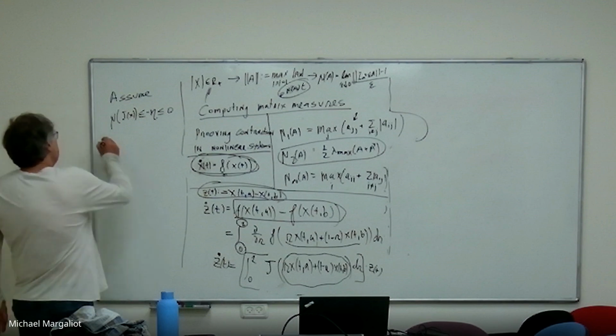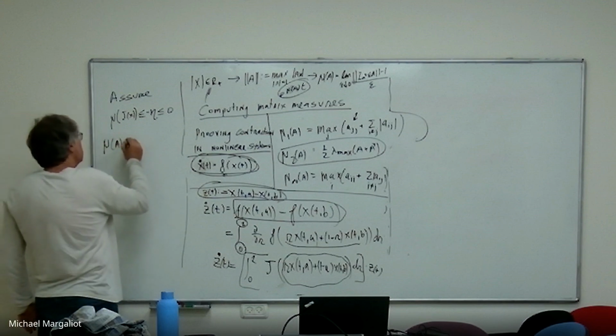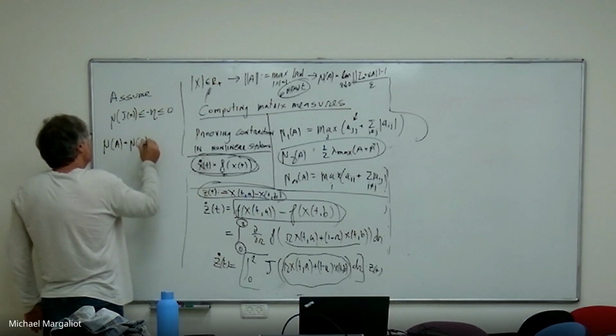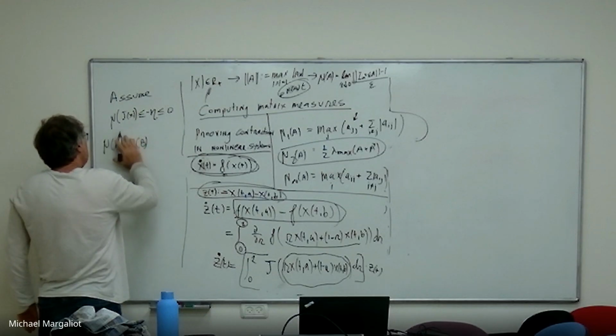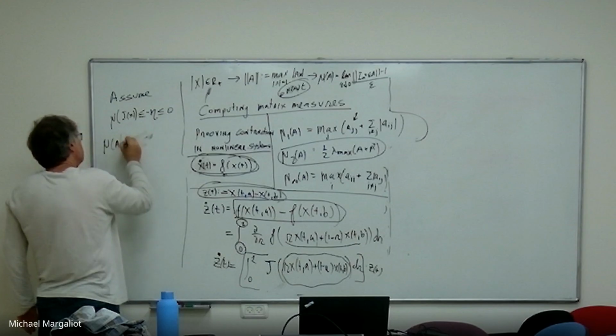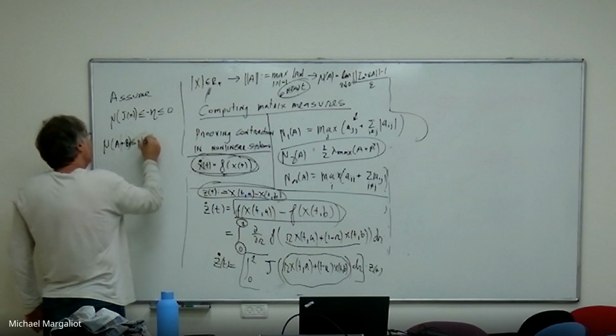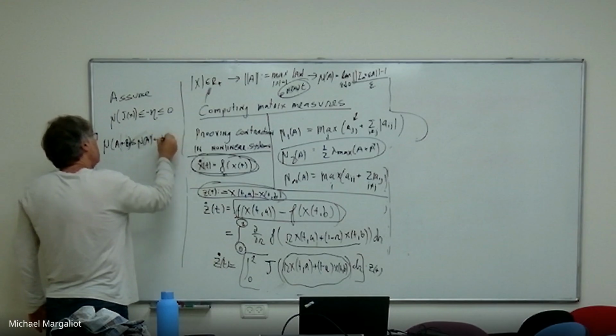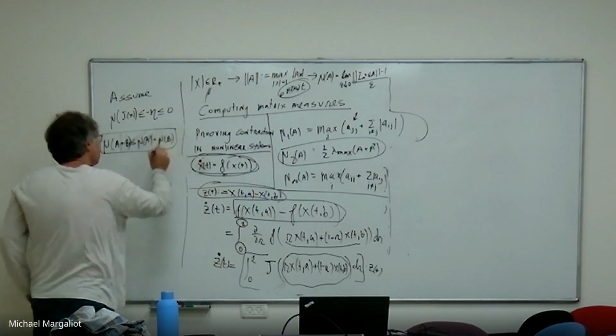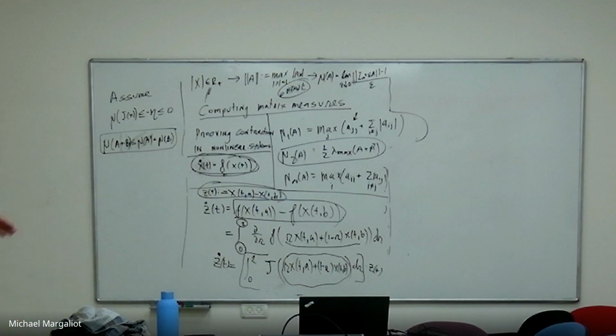I didn't say that, but it follows from the definition of the matrix measure that it is sub-additive. The matrix measure is always sub-additive. You can prove this by definition of the matrix measure. This works for norms, and the matrix measure is simply defined using matrix norms, so you can believe me that this works.